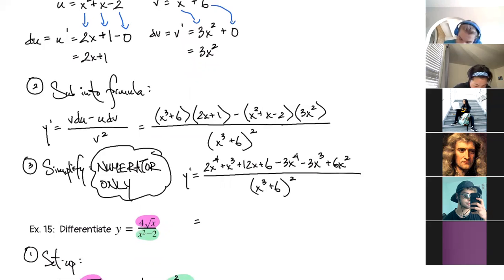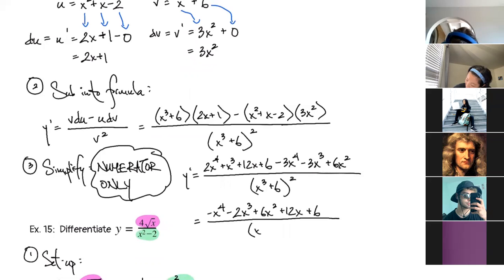And let's combine our like terms. We get negative x to the 4th minus 2x cubed plus 6x squared plus 12x plus 6 all over the denominator squared.